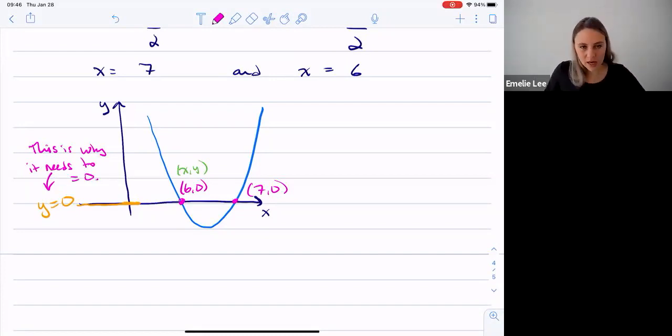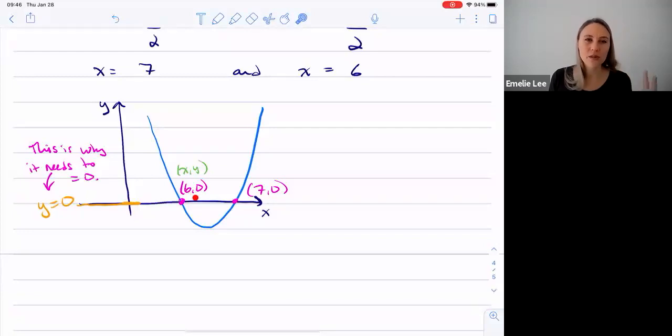Nice. This is a really, really tricky thing to get, okay? But once you do, it's going to be really, really useful, okay? Because what we're going to do is we're going to be able to use this in order to factor, okay?